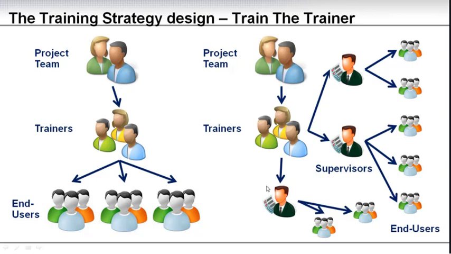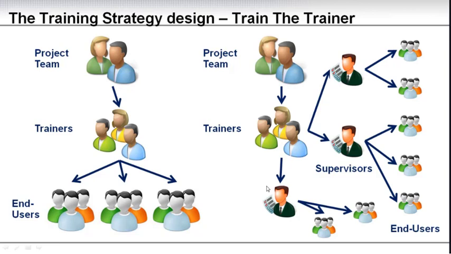And this could be in a situation mentioned before, where you have many locations, that you might have nominated people saying, I'm going to train you, you come here for a week or 2 weeks, however long the training requires. Once you're trained, you go back and cascade the knowledge down to your local organization.